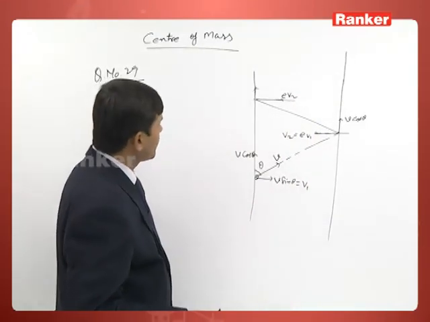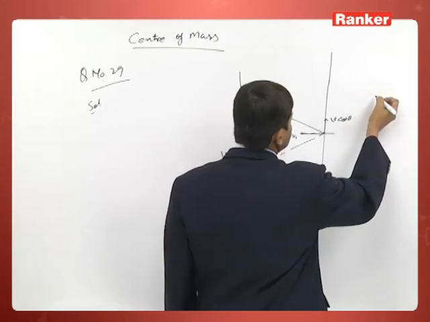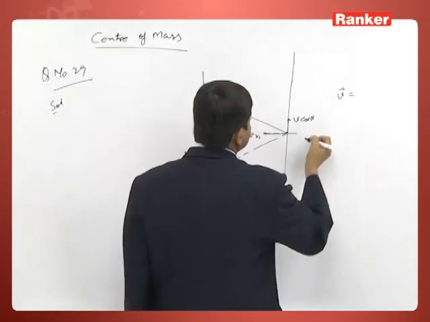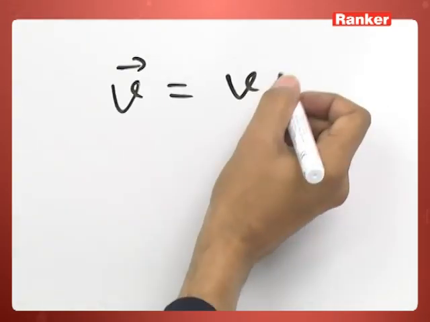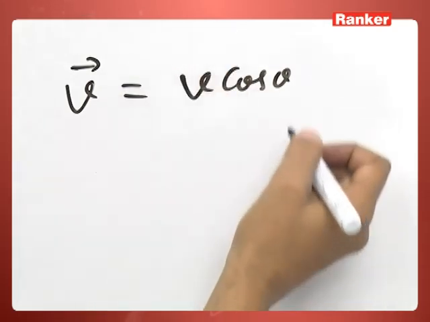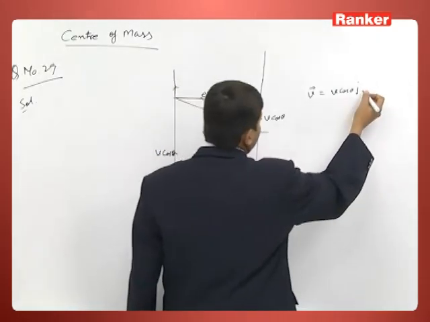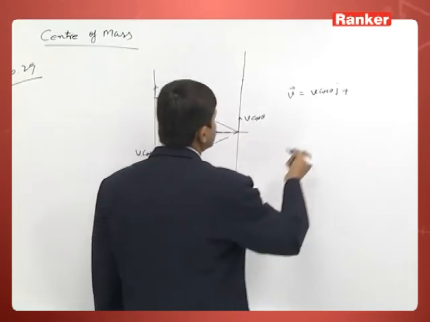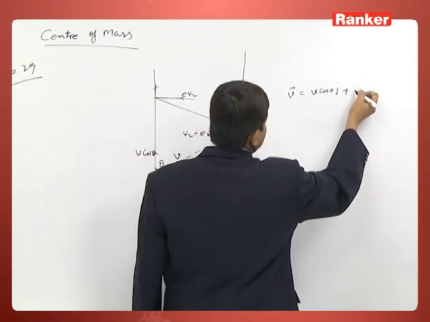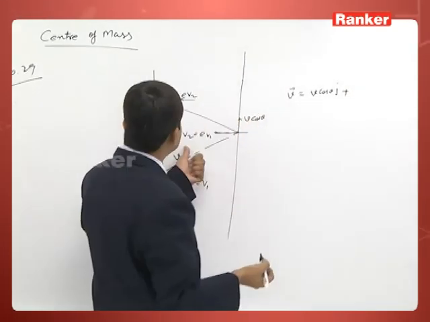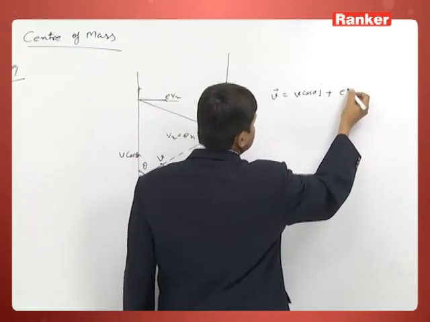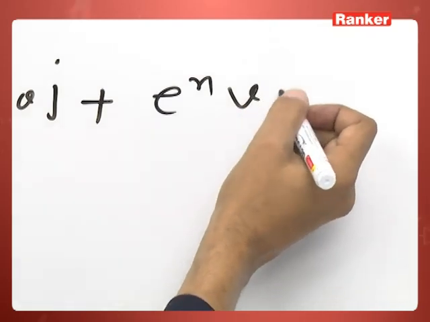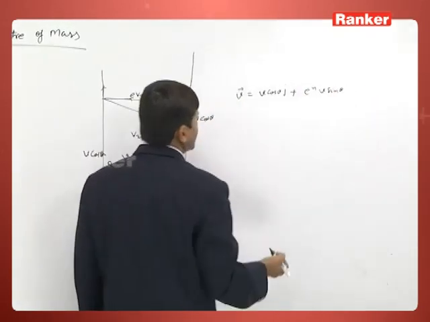So finally, the net final velocity is v cos theta in the j direction, plus, after n collisions, e to the power n into v sin theta in the i direction.